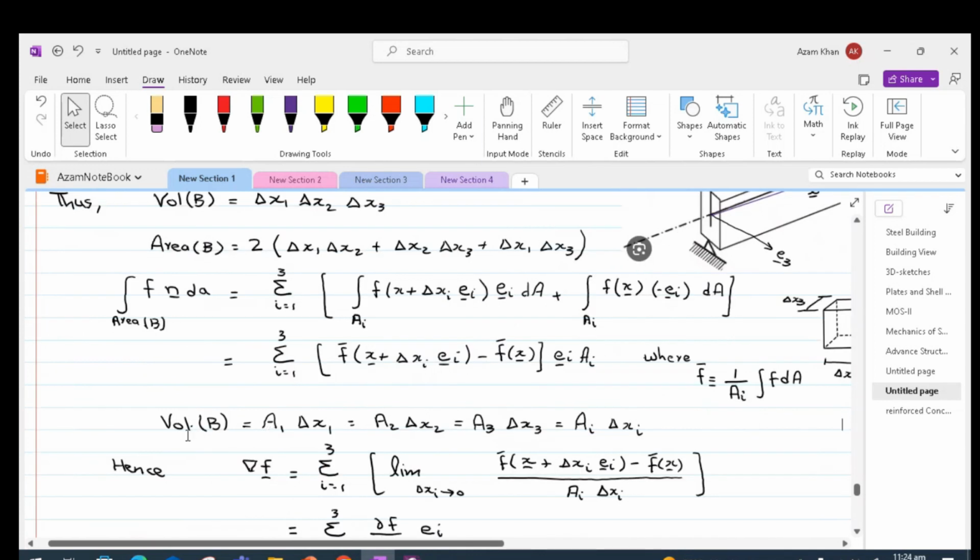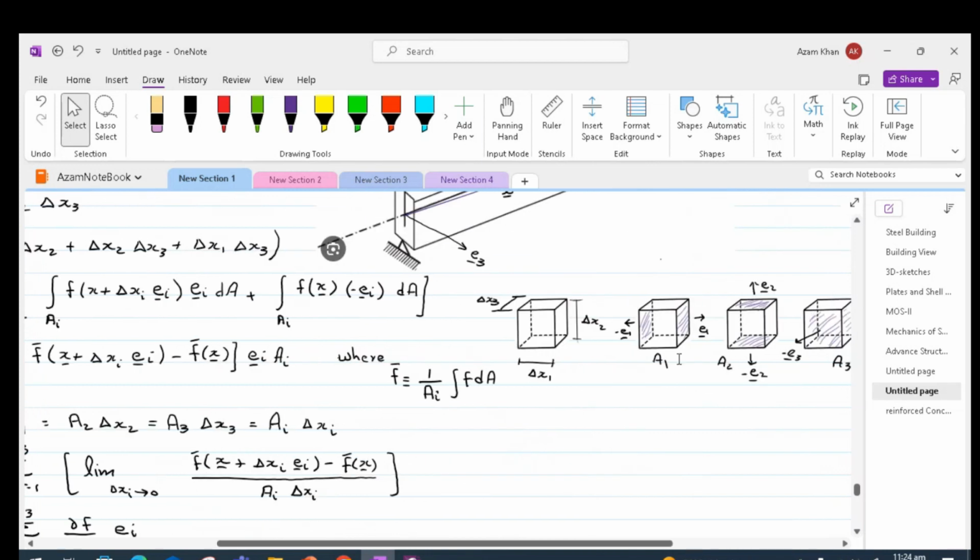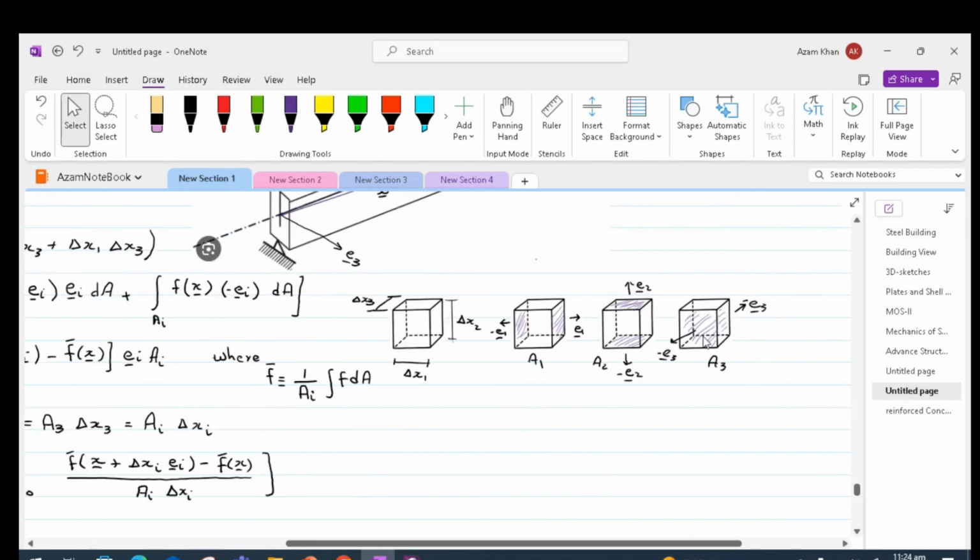Now the volume can be defined as A1 delta x1 or A2 delta x2 or A3 delta x3. So what we are saying is we have got A1, this face we call A1, and that can be multiplied with this delta x1. This face we call A2, it can be multiplied with delta x2, or this face we call A3, the back and front face.